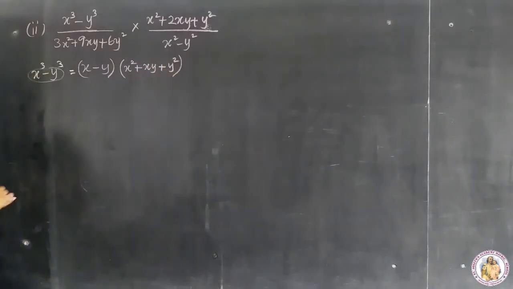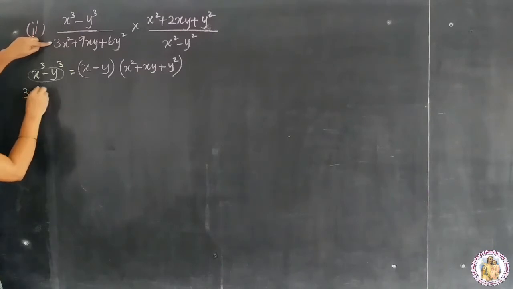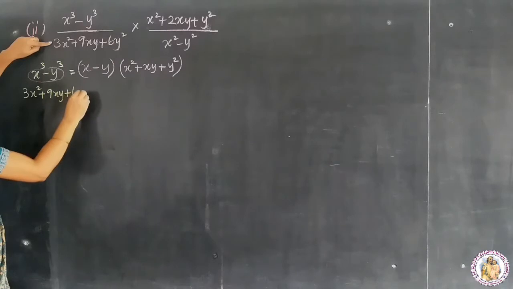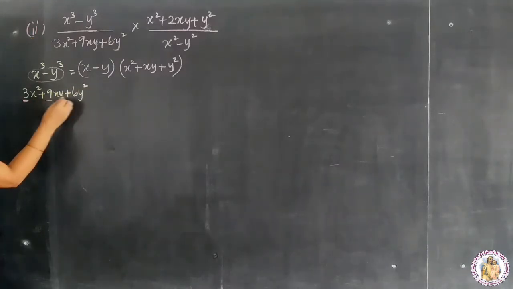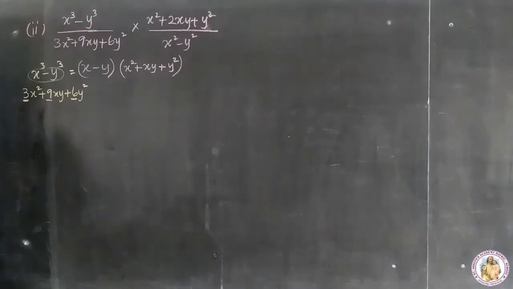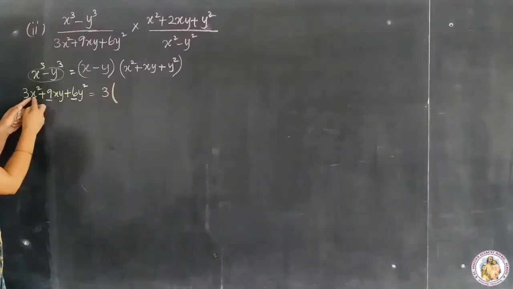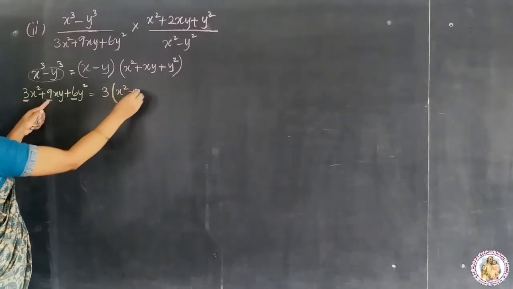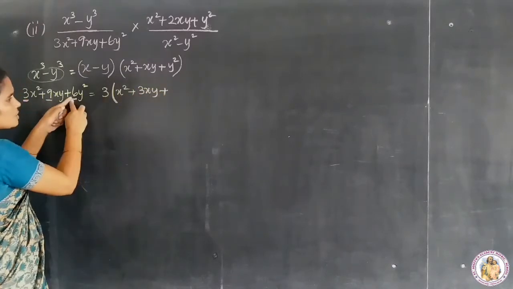Okay, very simple. And then take 3x square plus 9xy plus 6y square. You can see 3 is common in each term. So taking 3 outside the bracket. So x square plus 3 into 3 is 9, so 3xy plus 3 2s are 6.